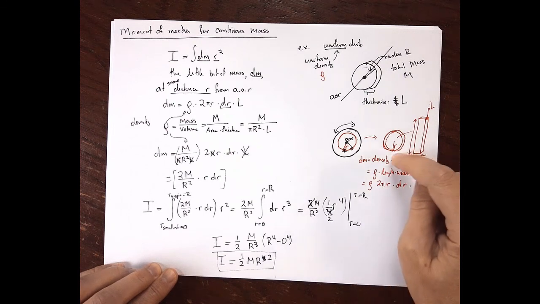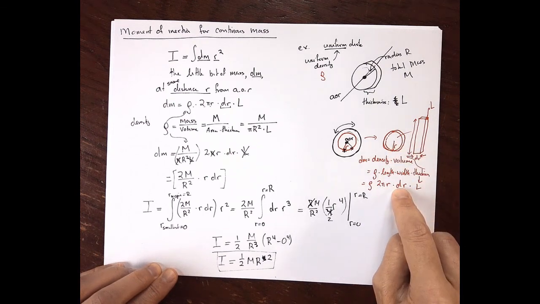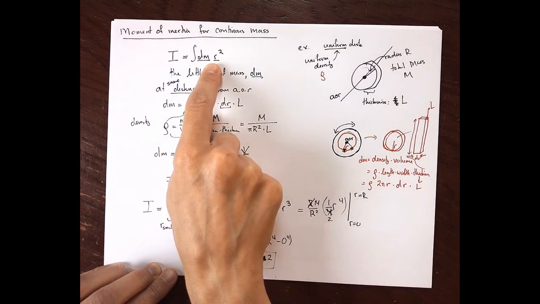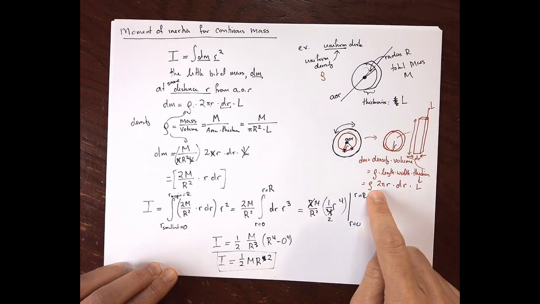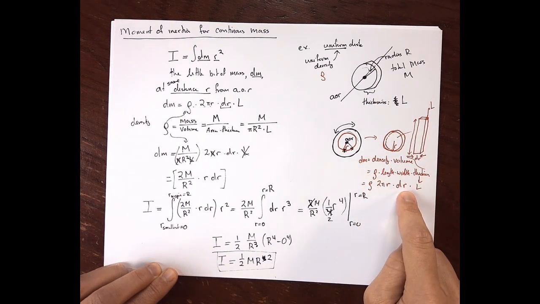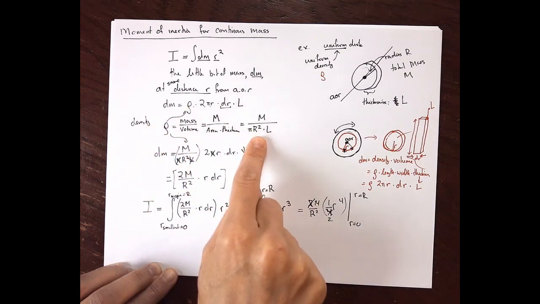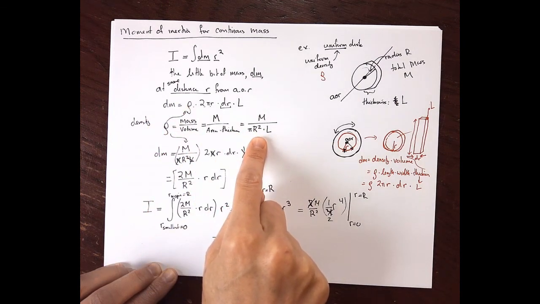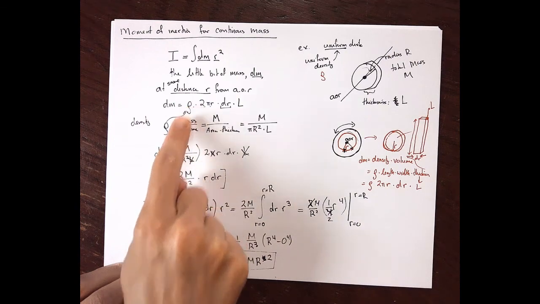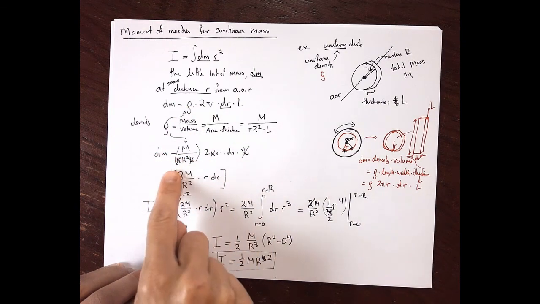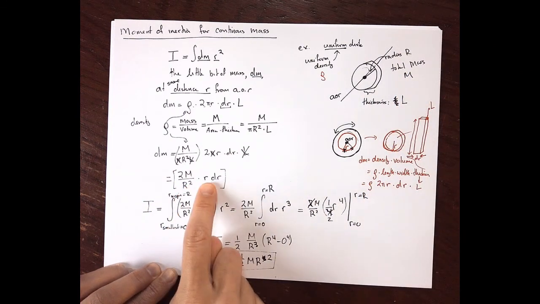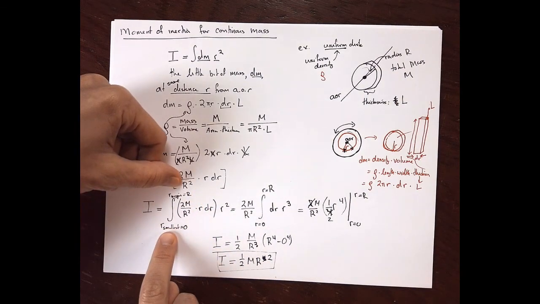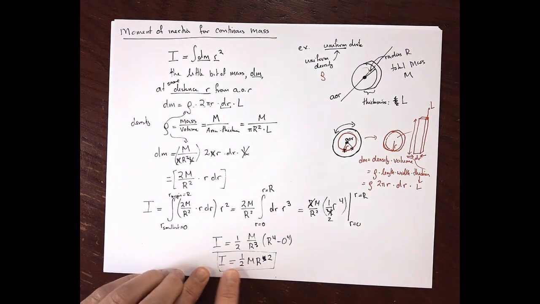The width is just going to be this tiny infinitesimal thickness, dr, because that's what we're walking over here. And then the thickness is just L, the thickness of the whole disk. So that got us the little bit of mass. We found density using the mass and total volume of the whole disk, plugged that in here for density, and got our little dm in terms of variables that we were given. Then we found our integration limits for little r, plugged it into the integral, and did our integral and got our answer.